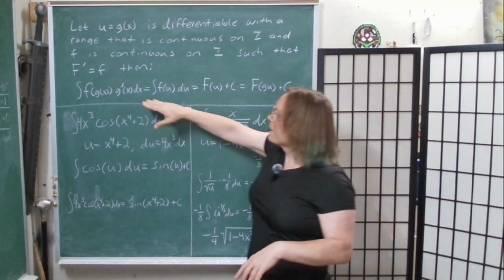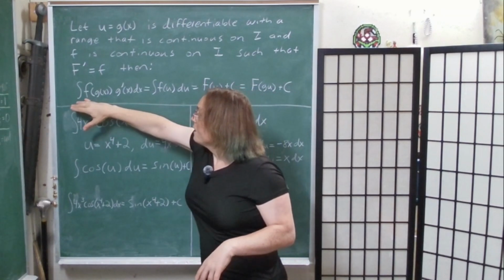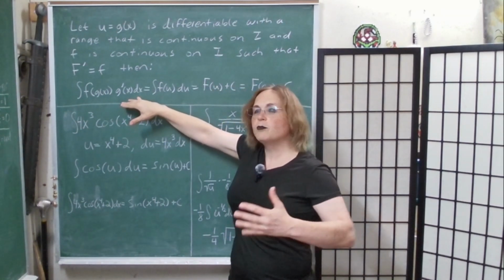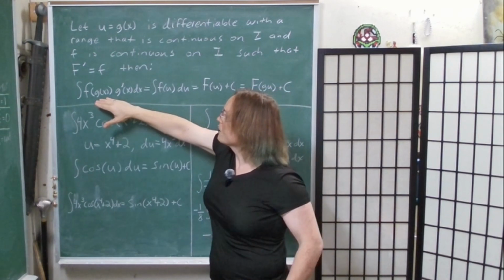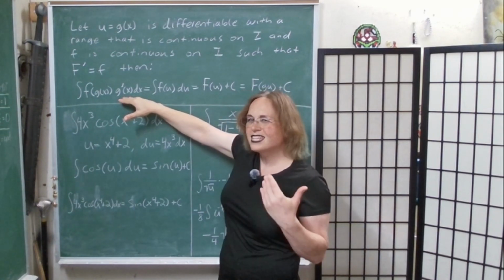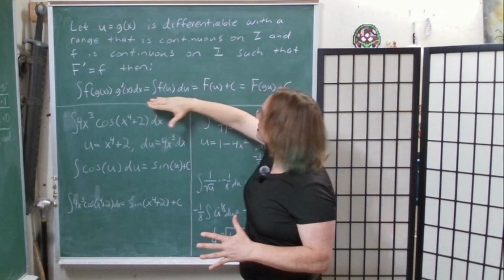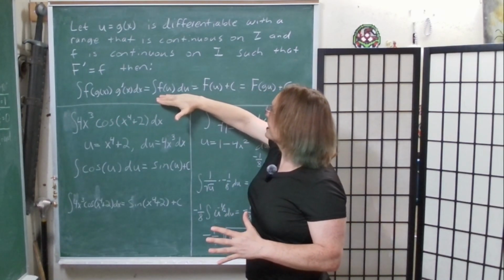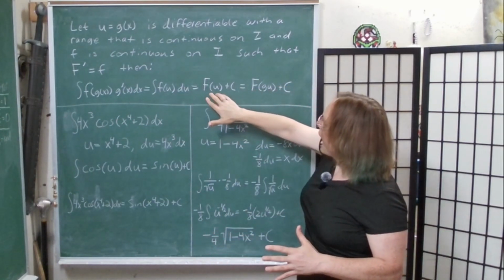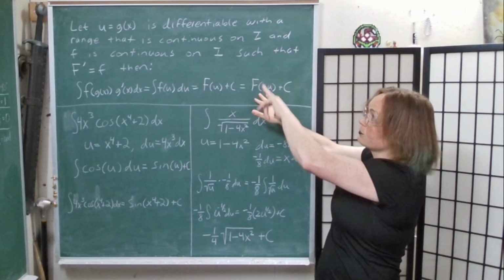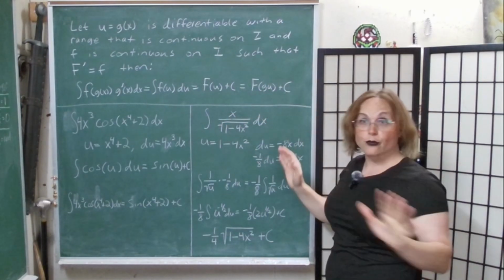And you'll notice that when we look right here, this is effectively the output of the chain rule. It's simply saying that when you see something that looks kind of like the output of the chain rule, you can use U substitution to simplify it so that you can then take the integral, and after you've done that, you can put that substitution back and you're good to go.